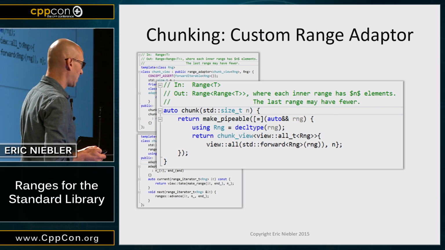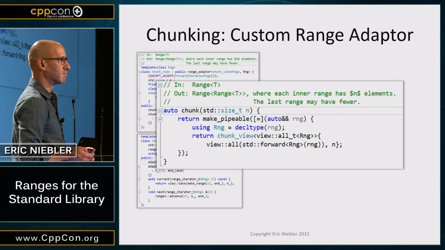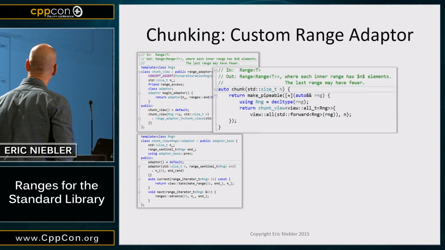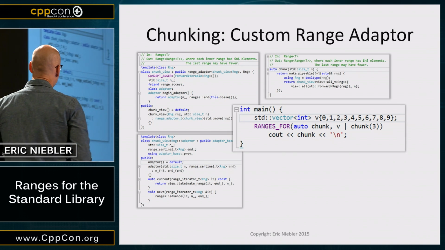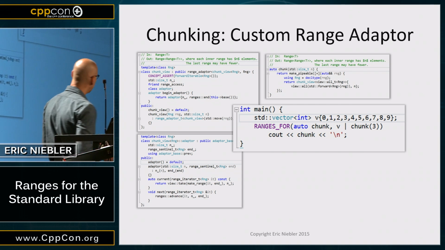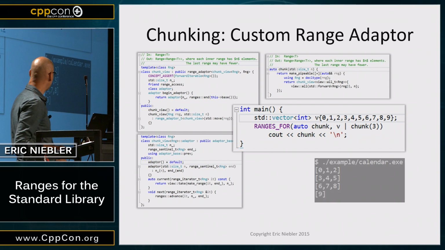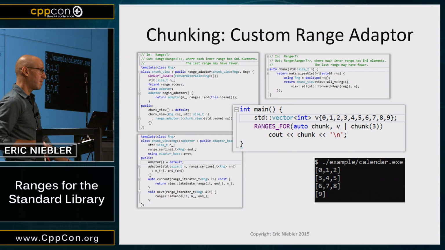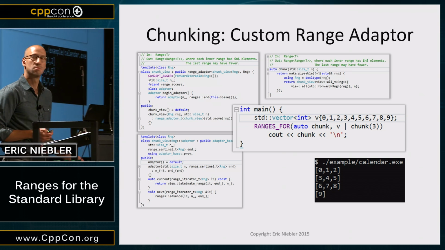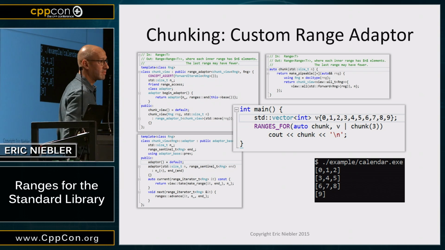So I'm going to skip a discussion about chunk, but there will be slides you can download for how that all works. Once we have the chunk adapter, we can chunk ranges. So here's a vector, we can chunk it, and we get a range of ranges. Cool, so now we have chunk.